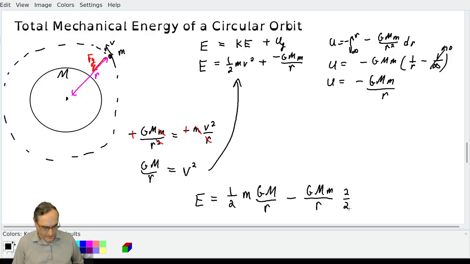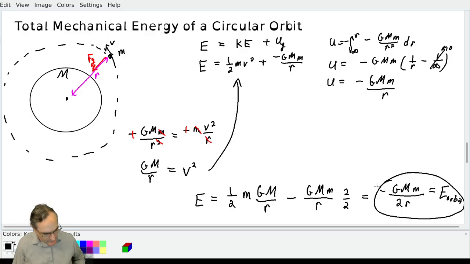So if we create a common denominator by multiplying by 1 on the potential energy side, now we can actually put them together. And you can see the negative term is bigger than the positive term. We get minus G mass central body, mass orbiting body over 2 times the distance between them. And that is the energy associated with being in a circular orbit.